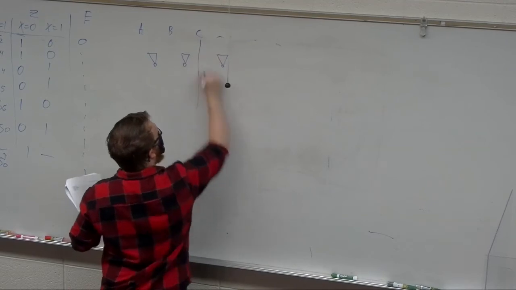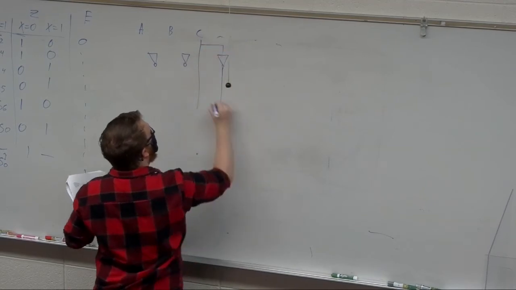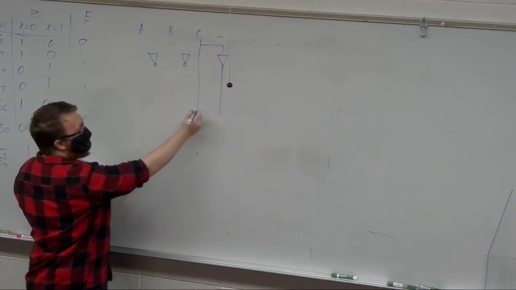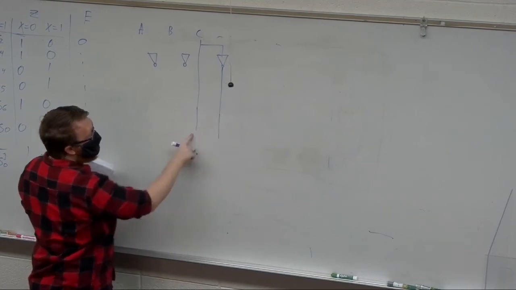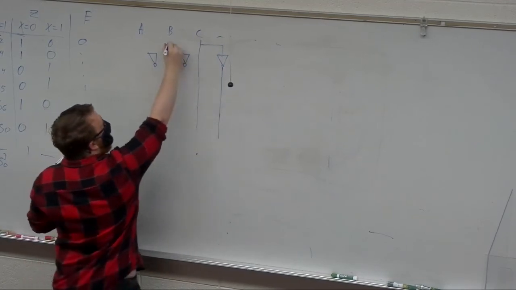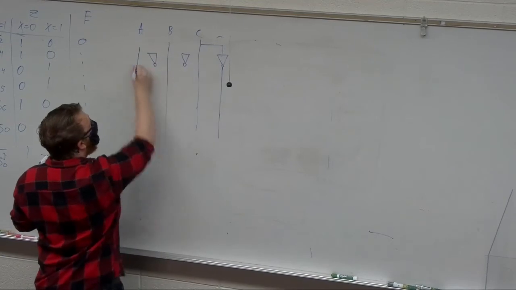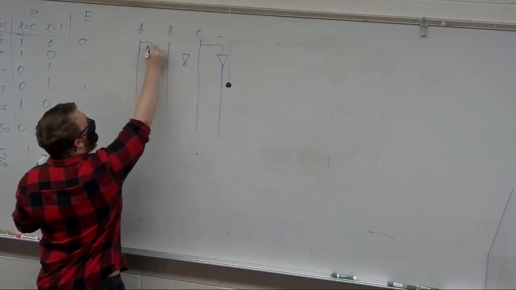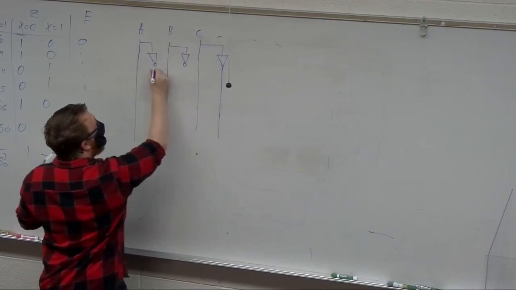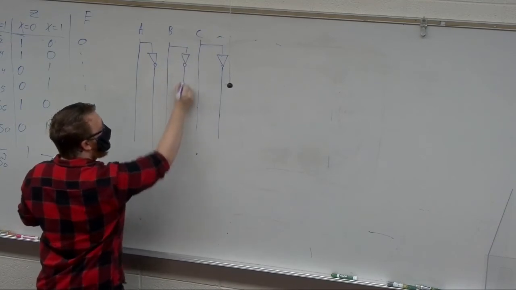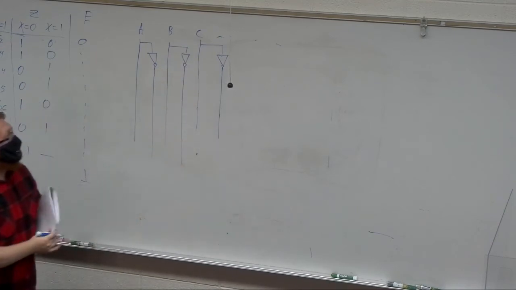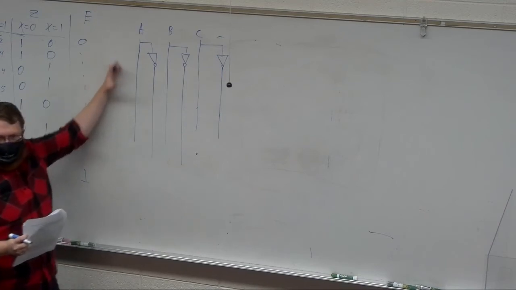So C comes in and goes down and also gives an inversion, right? So that I have access to both C and C bar. B does the same, and A does the same. So these are your input rows.